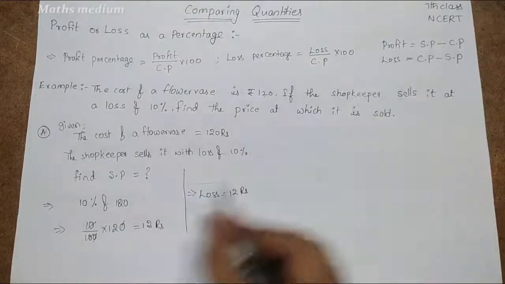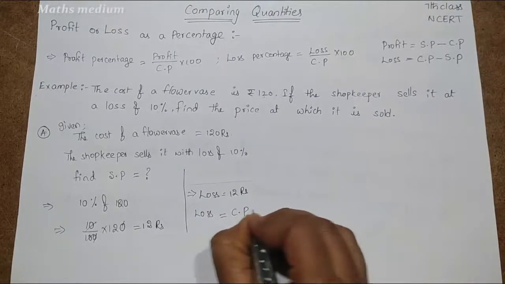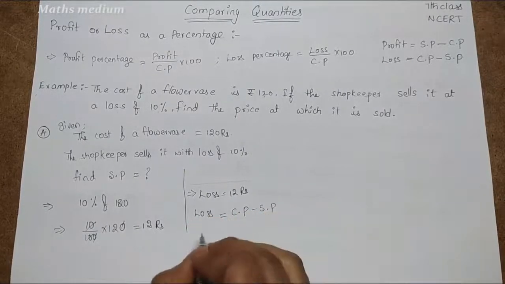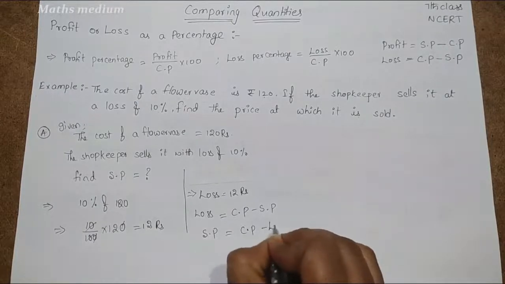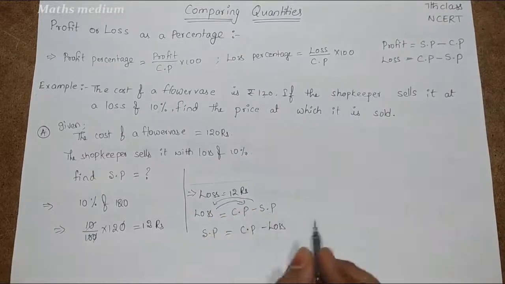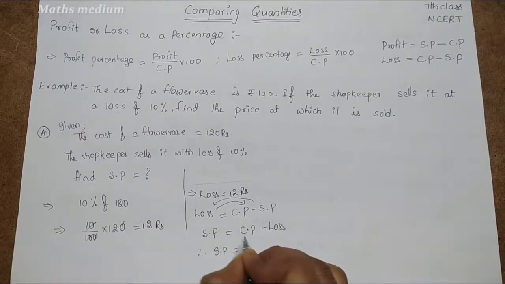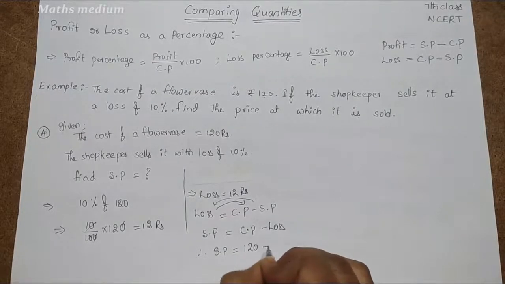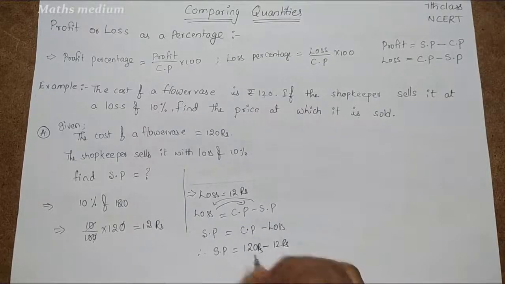We know the formula, loss equal to CP minus SP. So we have to find SP, right? SP is equal to CP minus loss. If you see here, these two are interchanged with their signs also. Therefore, SP is equal to CP, which means 120, minus loss 12 rupees.